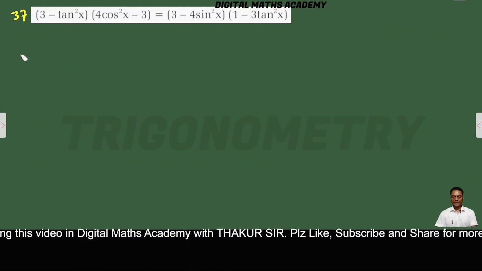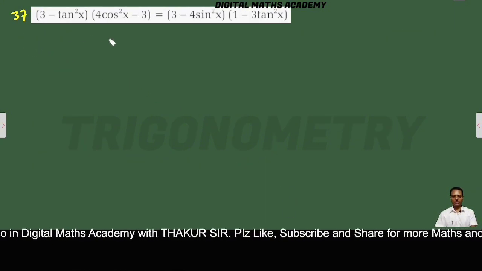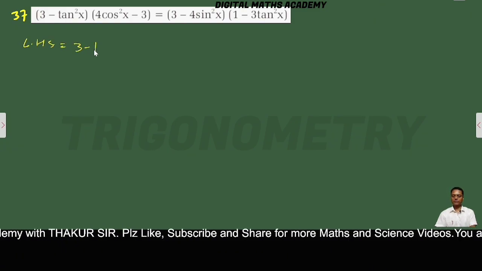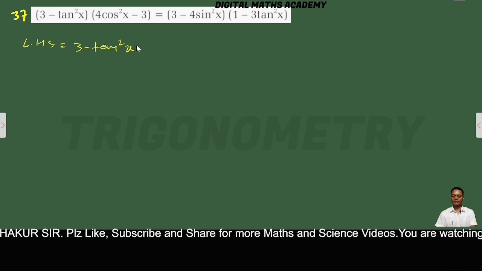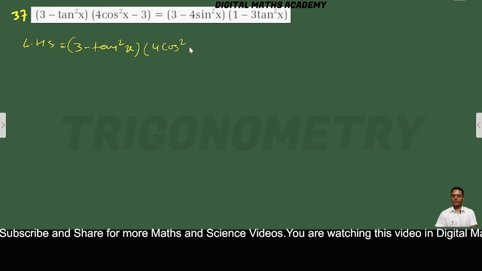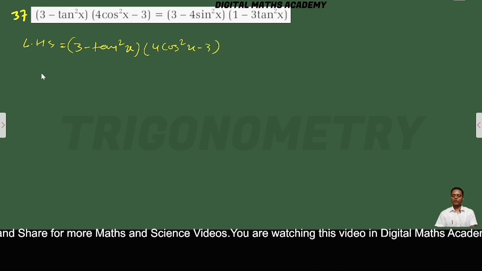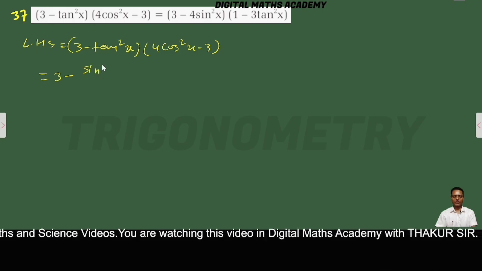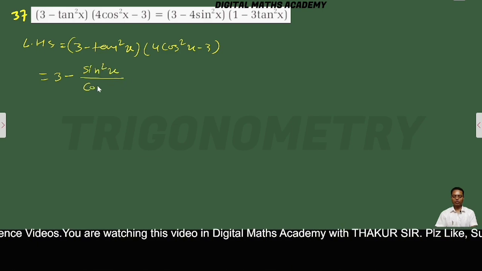So number 37. So 37 number, we can choose any side. So let's choose left hand side. Left hand side is (3 minus tan square x), and we have here (4 cos square x minus 3). So here also you can write 3 and tan square as sin square x by cos square x.